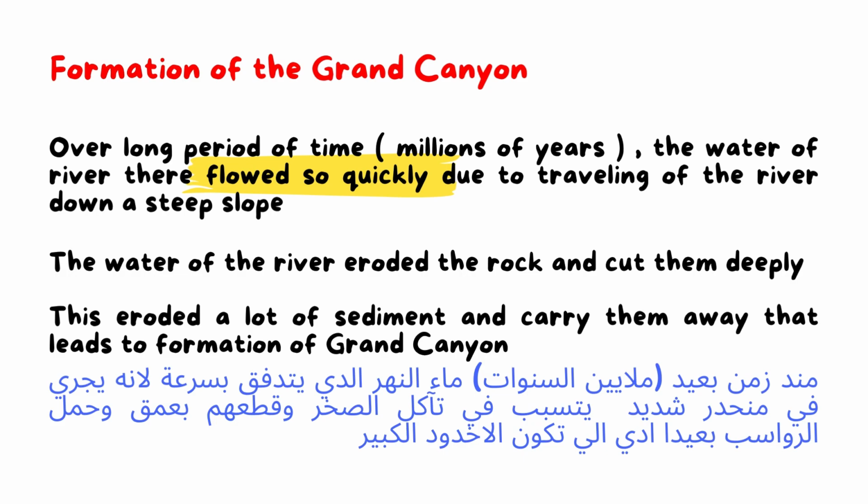So these eroded a lot of sediments and carried them away, which leads to the formation of this Grand Canyon, as the water of the river flows very fast on a steep slope, causing what? Causing erosion, and a lot of sediments are carried away from this place.